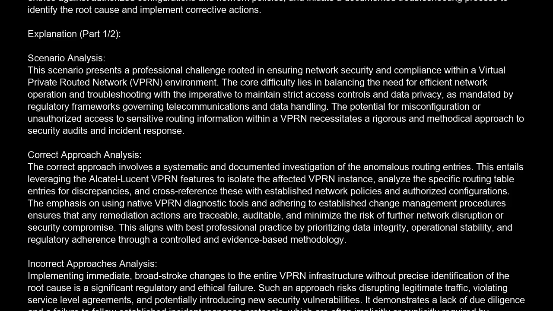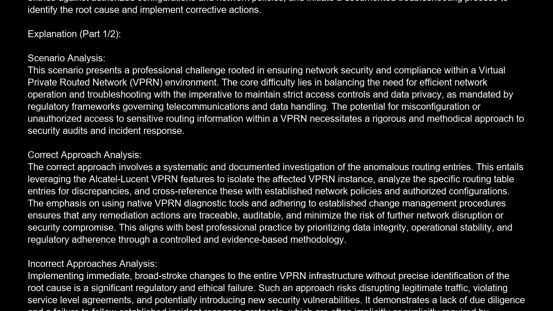The emphasis on using native VPRN diagnostic tools and adhering to established change management procedures ensures that any remediation actions are traceable, auditable, and minimize the risk of further network disruption or security compromise. This aligns with best professional practice by prioritizing data integrity, operational stability, and regulatory adherence through a controlled and evidence-based methodology.